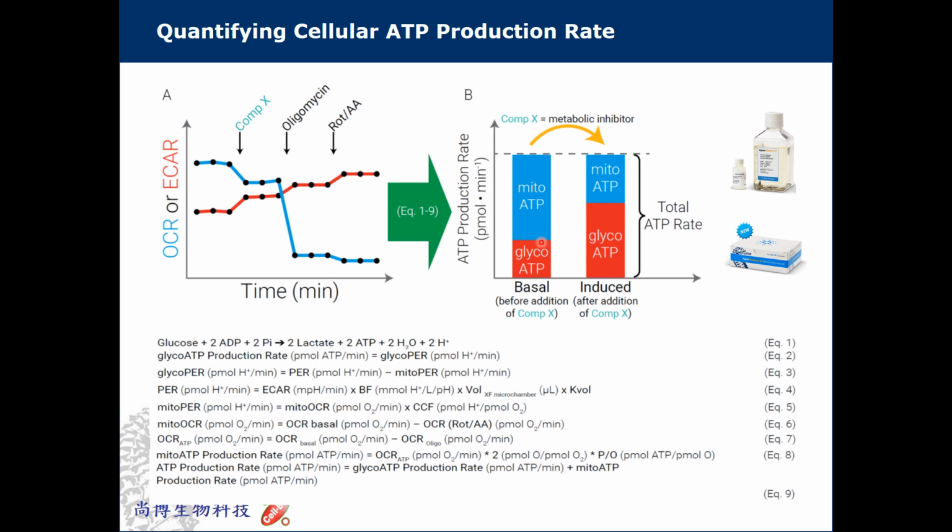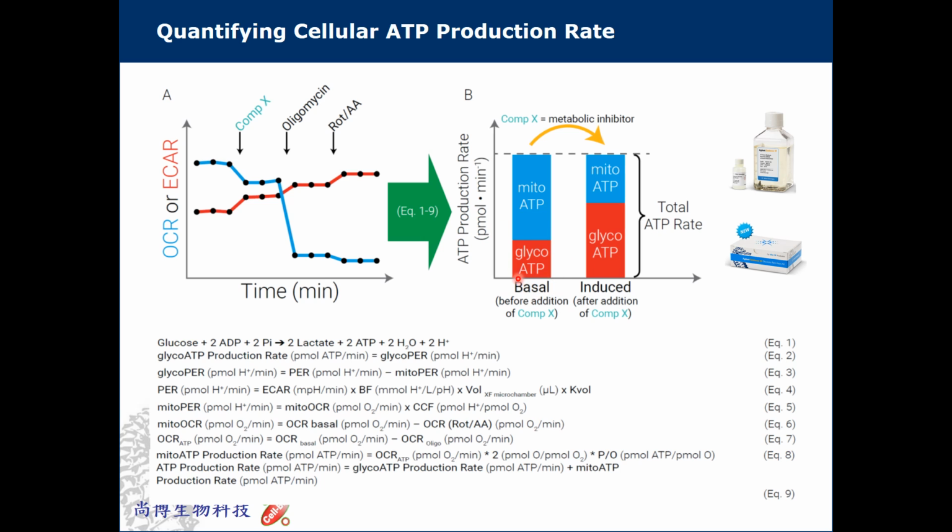So we will know the mito ATP, and we can do the real basal glycolysis measurement by subtracting the acidification from the mitochondria.